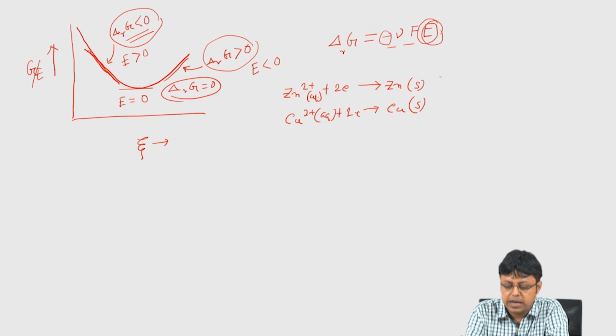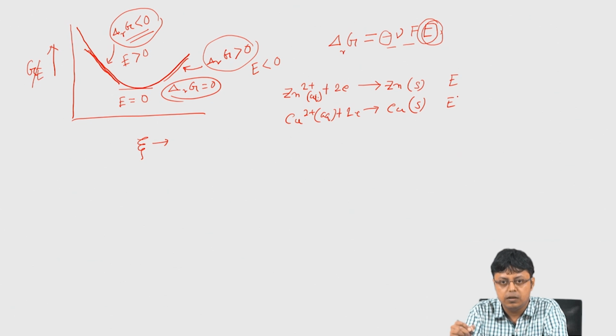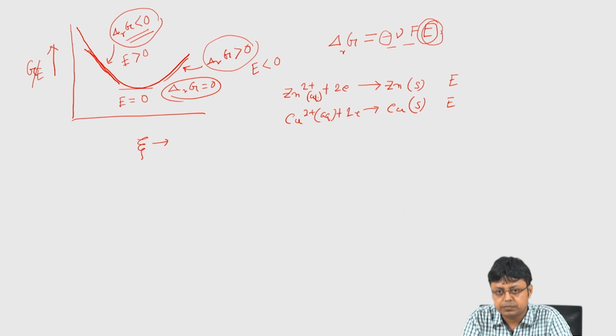Now, each reaction has an E, or electromotive force, that can be written as E 0 minus RT by nu F times the reaction quotient. Now, for this particular reaction, the question is how will you calculate the E 0 or the E of the cell.